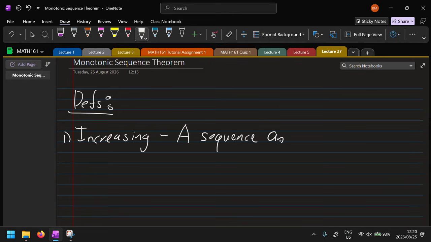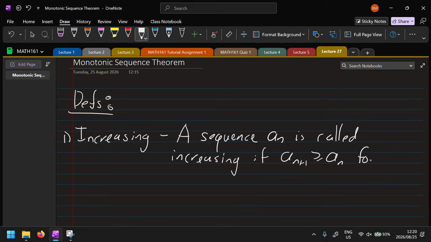A sequence a_n is called increasing if a_(n+1) is greater than or equal to a_n for all n.